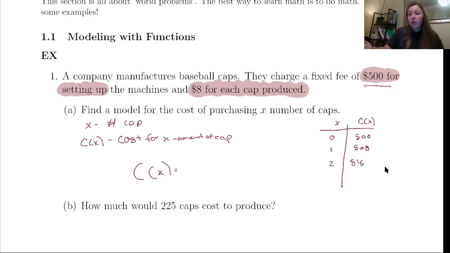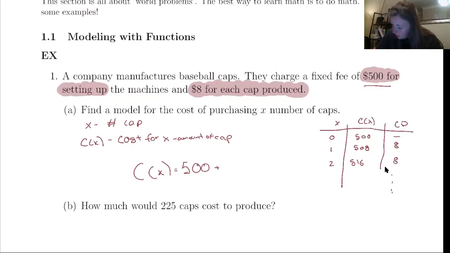And then you can see from there that my initial value is 500. So this can be modeled linearly. If we look at the common difference, it's 8, 8, and so on. So 8 would be our slope, right? All right.